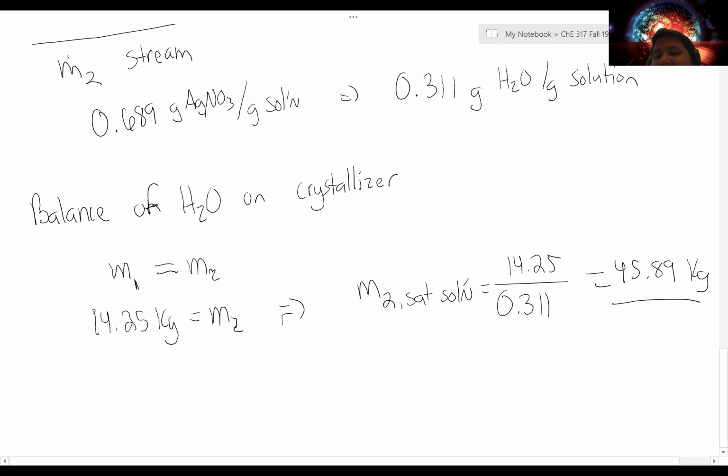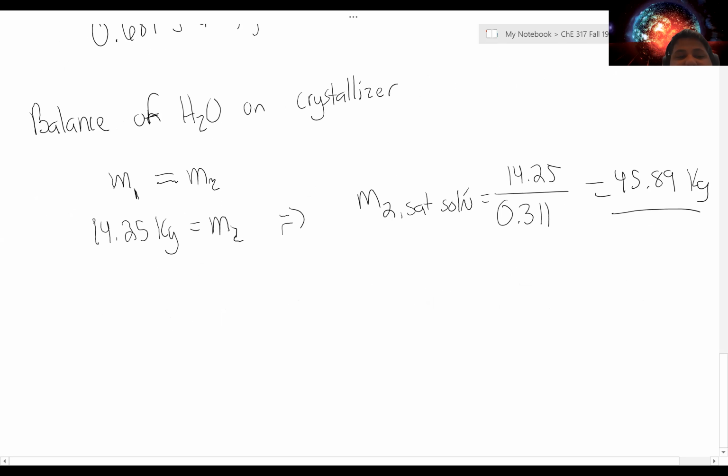And then from that, what we can do now is look at a balance of the silver nitrate on the crystallizer.